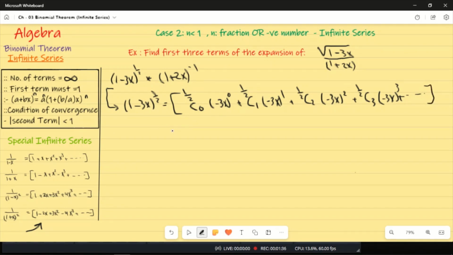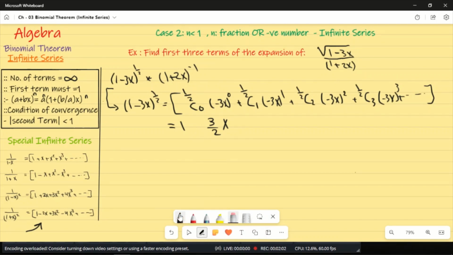Okay, so we have here 1 and here we have negative 3 by 2, as we have here negative 3x into n combination 1 equal to n, so this equal to half.